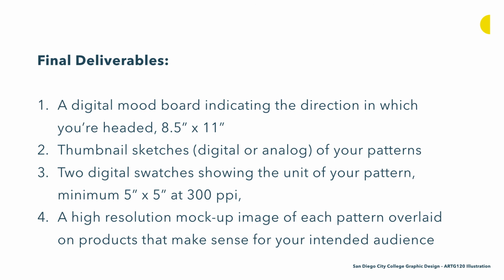And then finally, you're going to have your high resolution mockup image of each pattern overlaid on products that make sense for your intended audience. So again, if it's something that you need to create your own mockup for, you can do so. Otherwise, you can download a high resolution mockup and use those to overlay the surface design that you make for that particular piece.